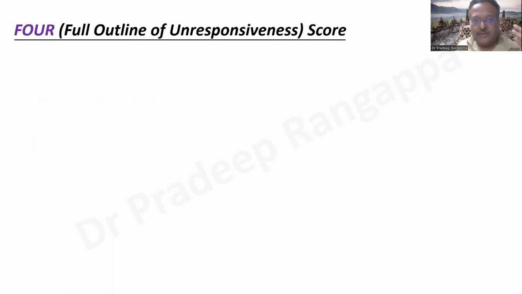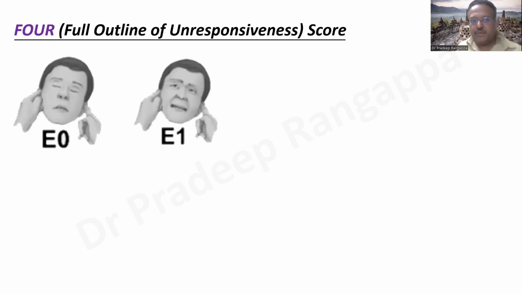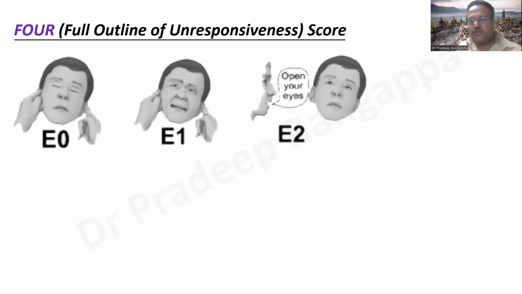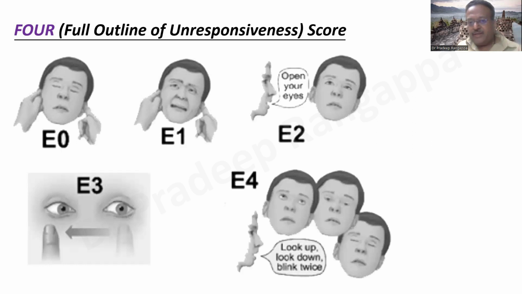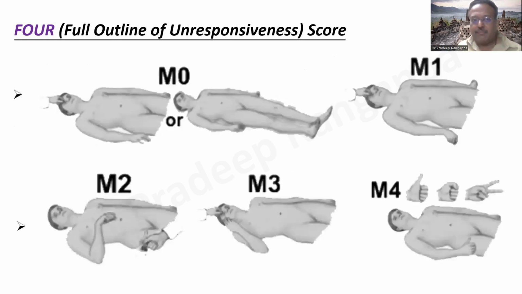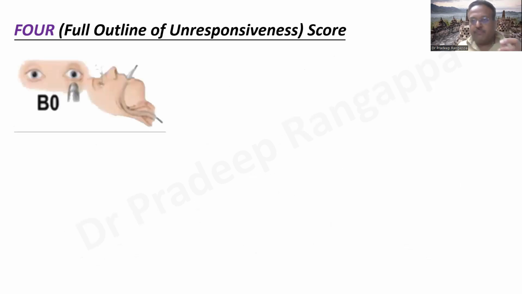Then very quickly we looked into the FOUR score, which is the Full Outline of UnResponsiveness score. Very similar to GCS: E0 is no eye opening to pain, and then there is eye opening to pain or verbal commands, tracking of the eyeball, and oriented and following the commands. Motor response is very similar to GCS, so we won't pay too much attention to this. But importantly, the FOUR score adds on brainstem reflexes, as GCS does not factor these in.